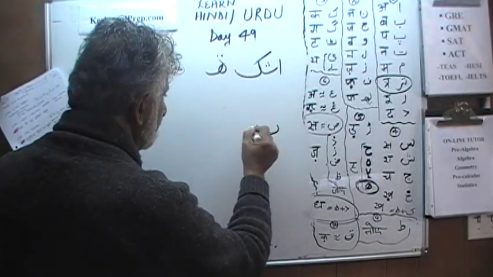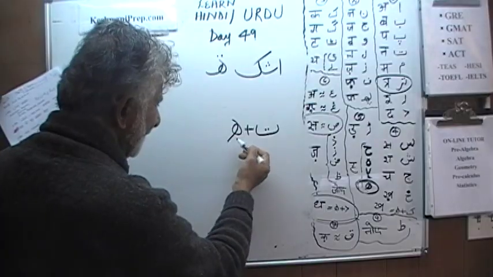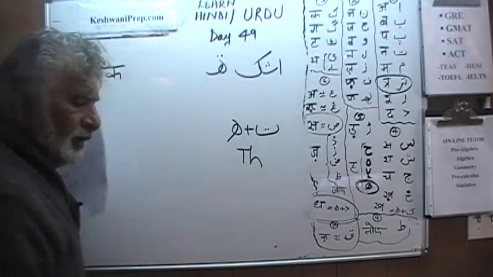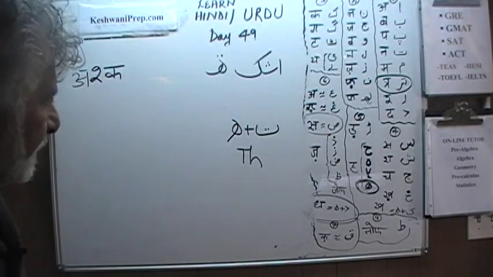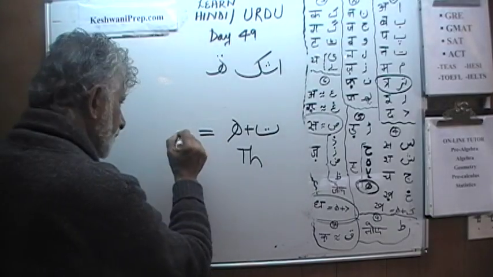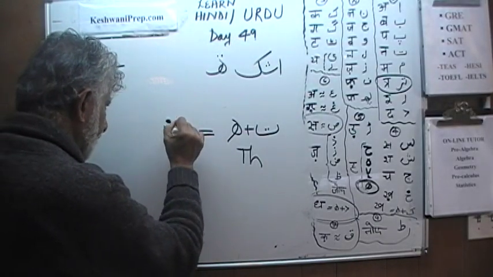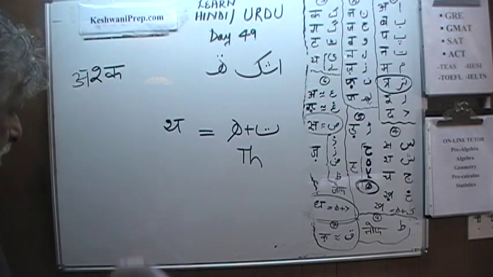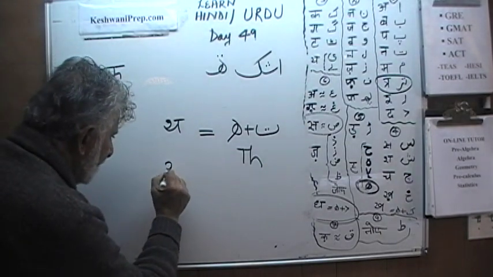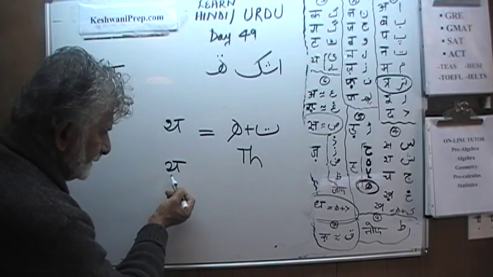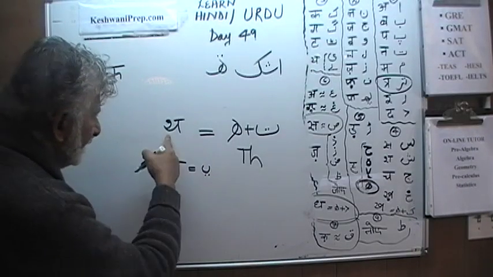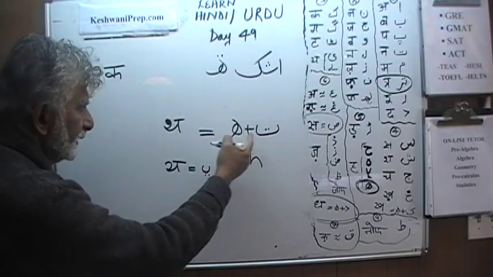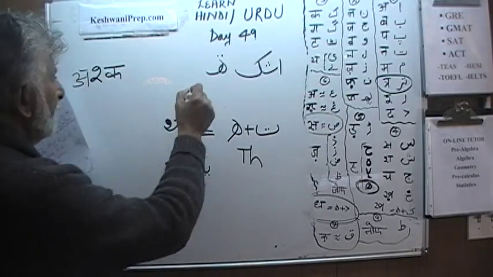Th plus a h, te and a he, just like you write th in English, t and a h, th. In Hindi, they have a unique letter that looks like this. That's a th. Don't confuse that with this one. That's a y, and that's a th because it has a loop inside. Th. To which we're going to join more.